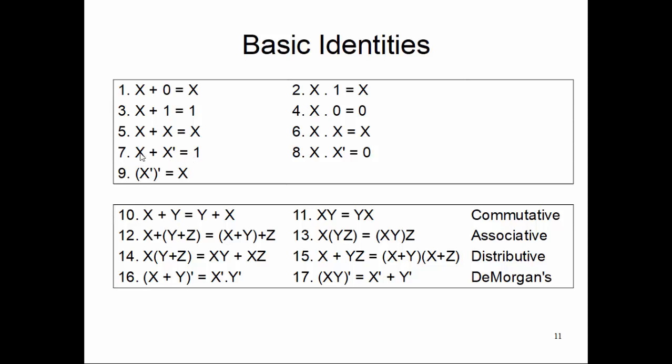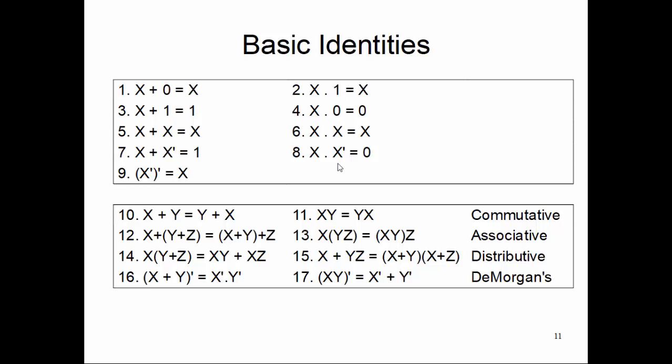If x is 1, x bar is 0, 1 OR 0 is 1. So that proves itself, right? And then the complement of x bar is x, meaning if you take the complement of an already complemented variable, you get back the original variable.